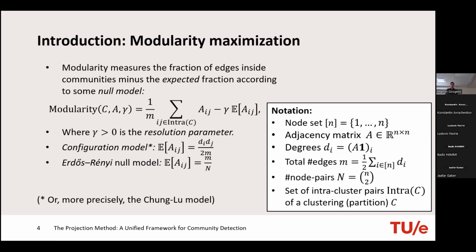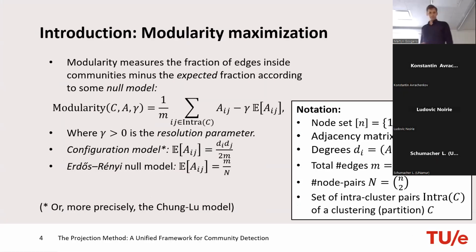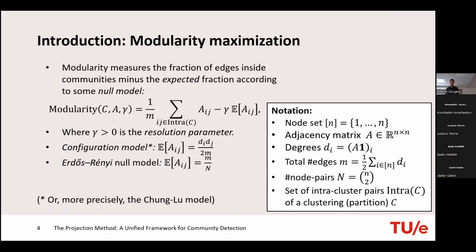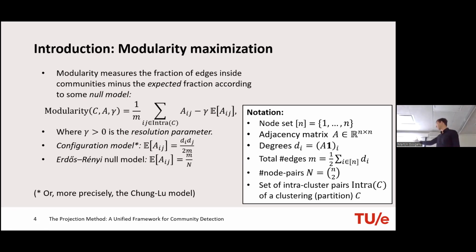Another simpler null model is the Erdős-Rényi null model, where you assume that every node pair is equally likely to be connected. So this is modularity, and one of the most standard approaches to detecting communities is to simply take this function and maximize it over all the clusterings C, so maximizing it over all the partitions of the nodes.